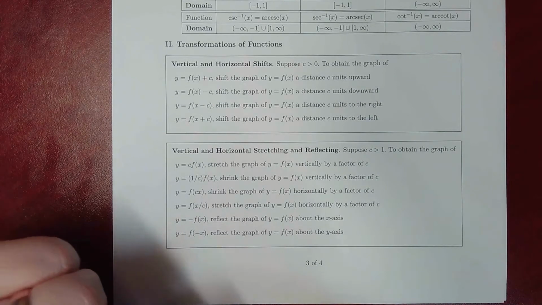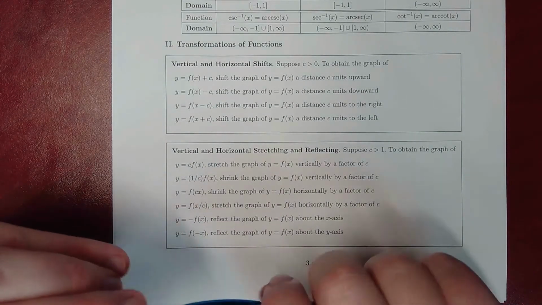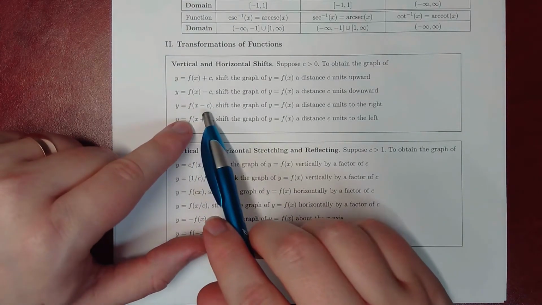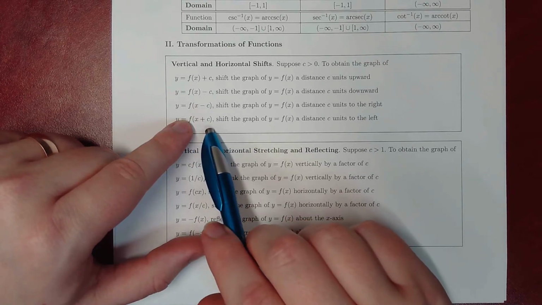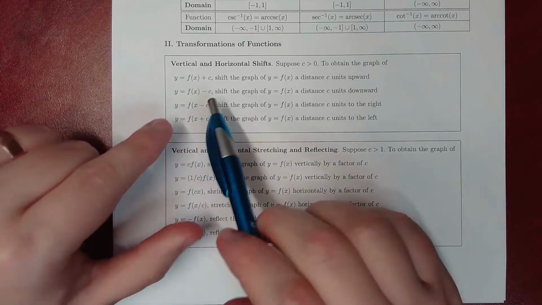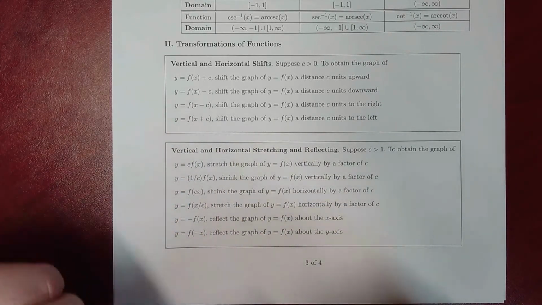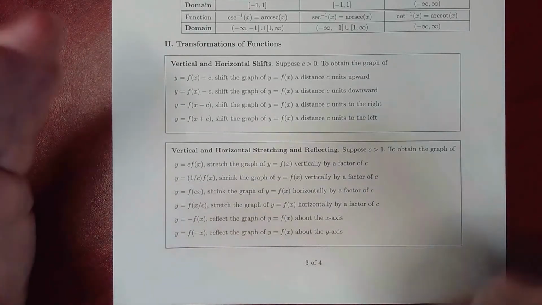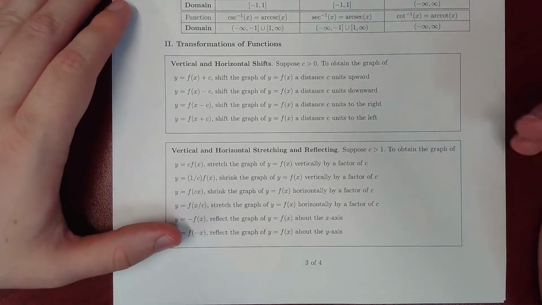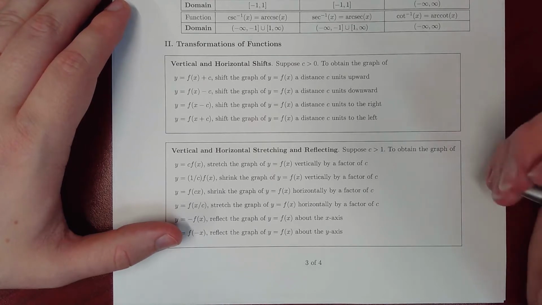Now, the less intuitive thing is what's happening when you subtract or add the c within the parentheses. So if we have f of x minus c in parentheses, we're shifting the graph c units to the right.